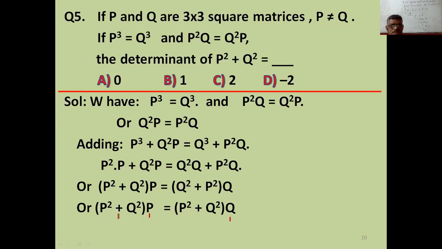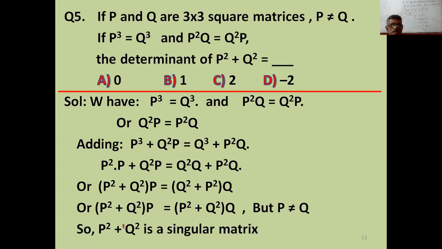That means determinant of A is 0. So here instead of A you have P squared plus Q squared. So P squared plus Q squared is a singular matrix. That means when P not equal to Q, P squared plus Q squared is a singular matrix. That means determinant of P squared plus Q squared is 0. And the answer is A. Determinant is 0, it is A.